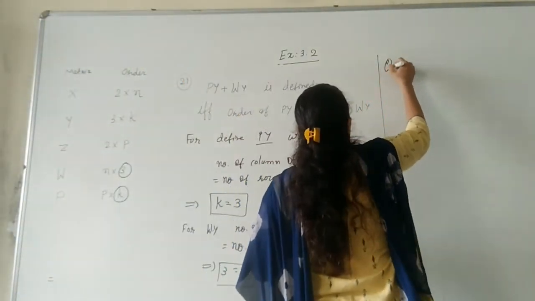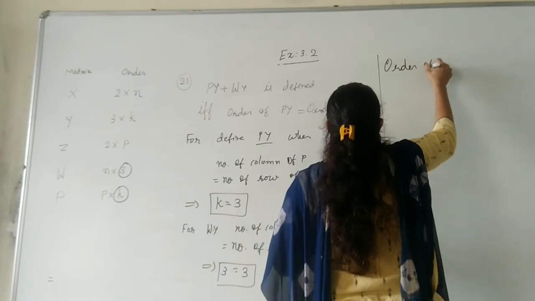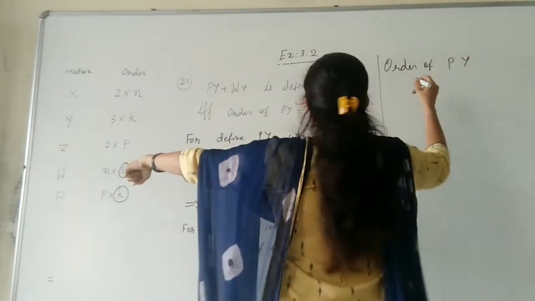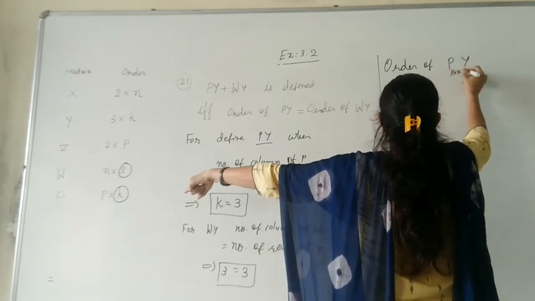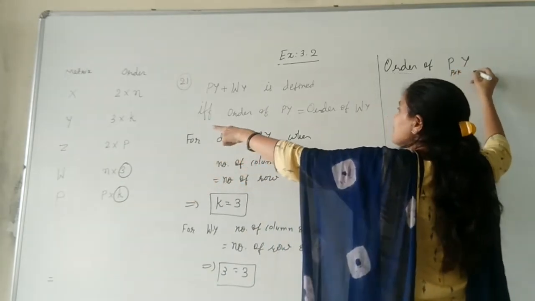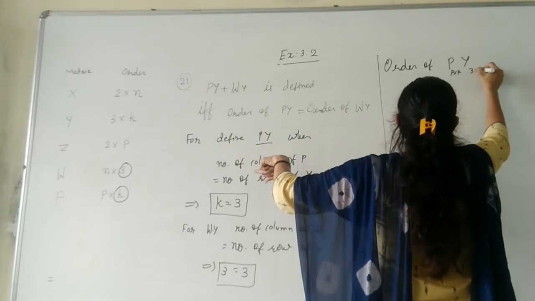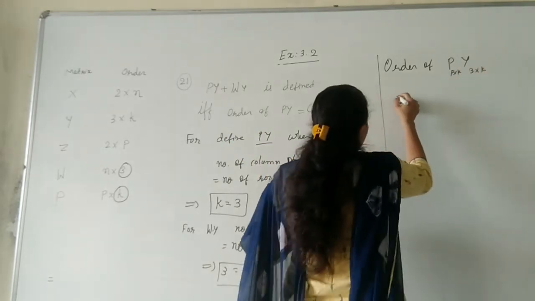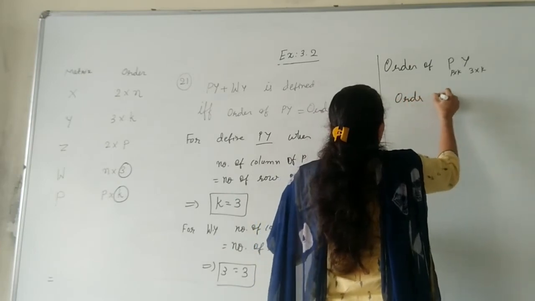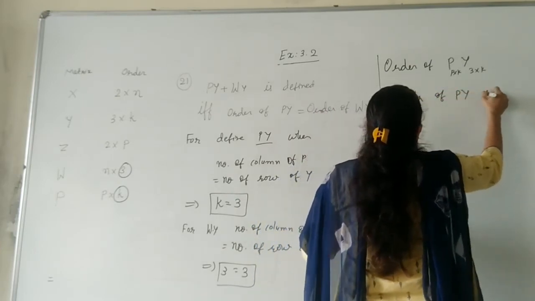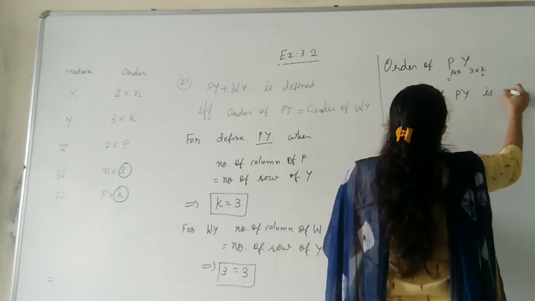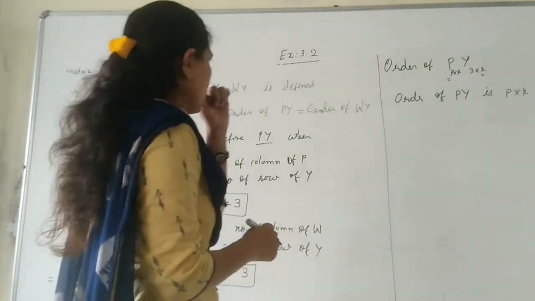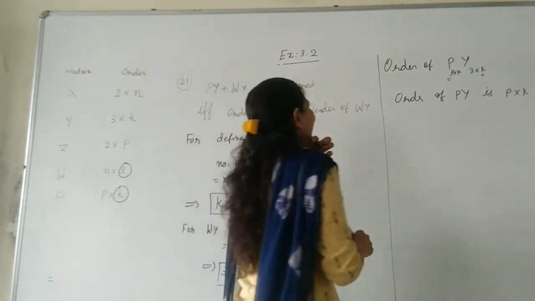So now the order of PY. What is the order of P that you have? P is of order p by k and Y is of order 3 cross k. Therefore the order of PY is your row and your column, so p cross k. Okay, p cross k, that is the order we are trying.